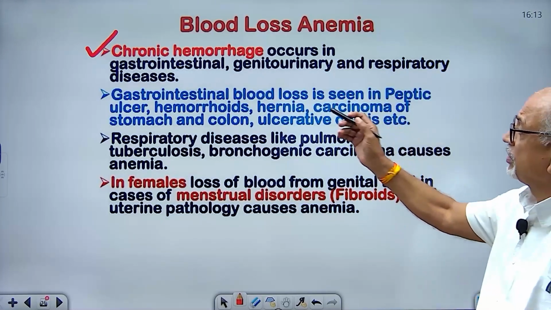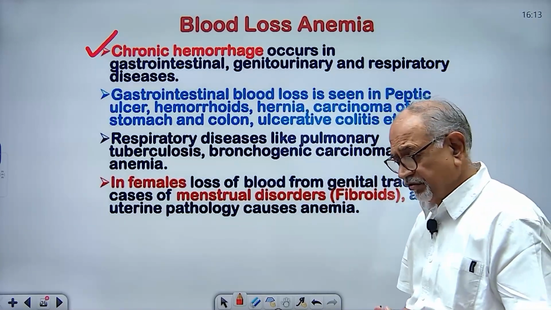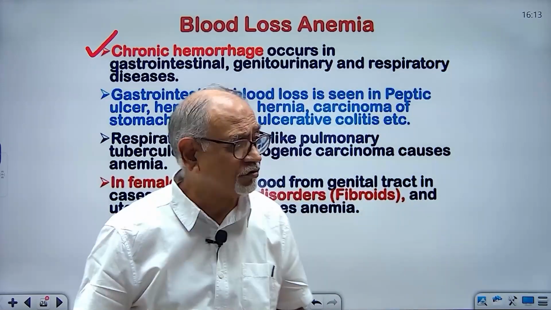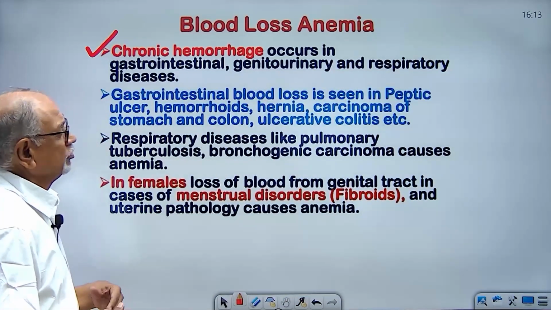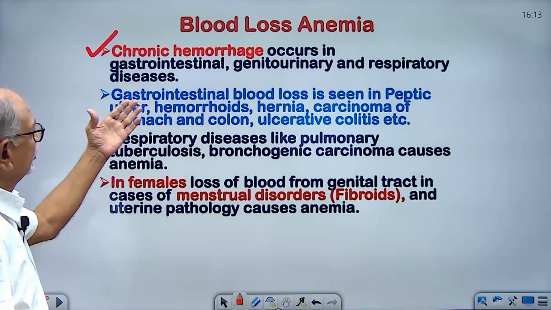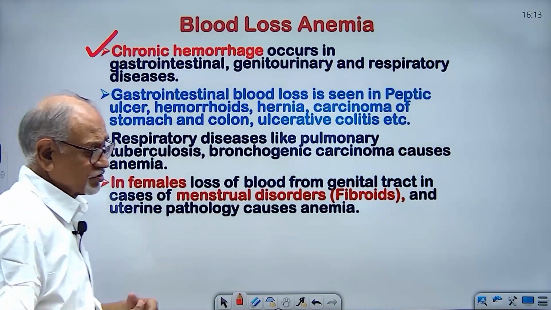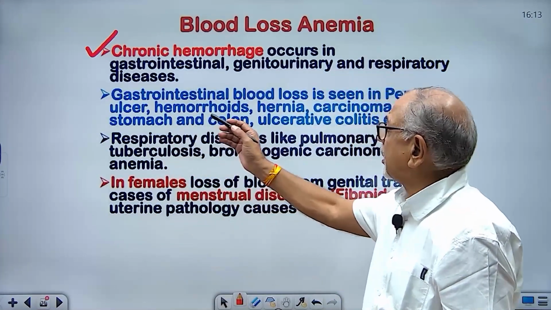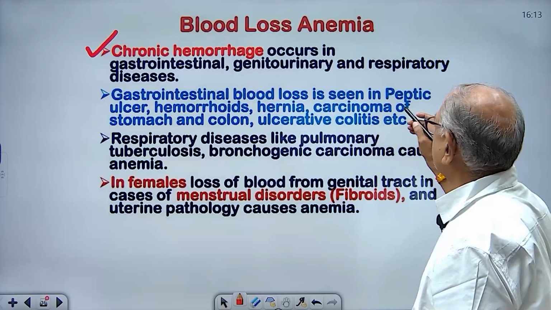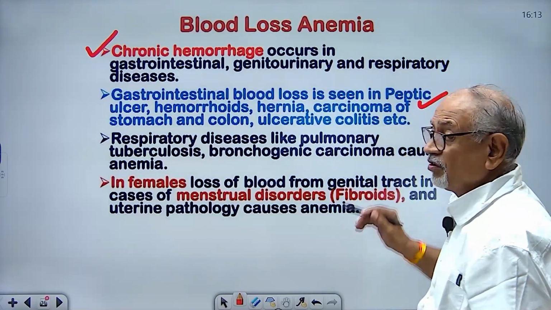So, in case of gastrointestinal disorders, diseases, in case of certain genital diseases, urinary diseases, in case of respiratory diseases, such type of blood loss is observed as the gastrointestinal blood loss seen in case of peptic ulcers.